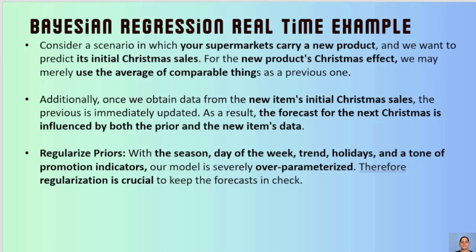Then we will understand how my customers are purchasing that item during that phase. Then we will take them and forecast the next festive season based on the prior and the current data, or the customers' data, right?